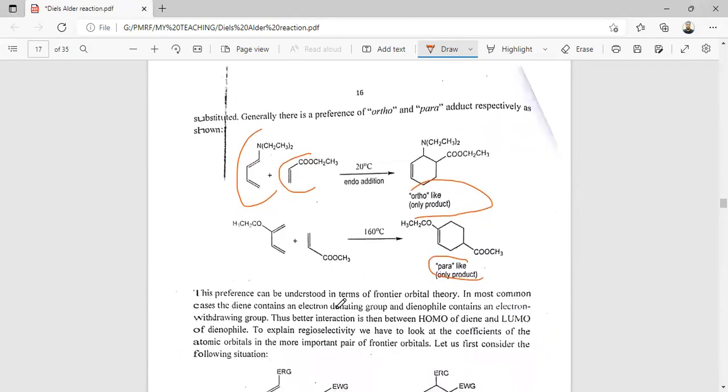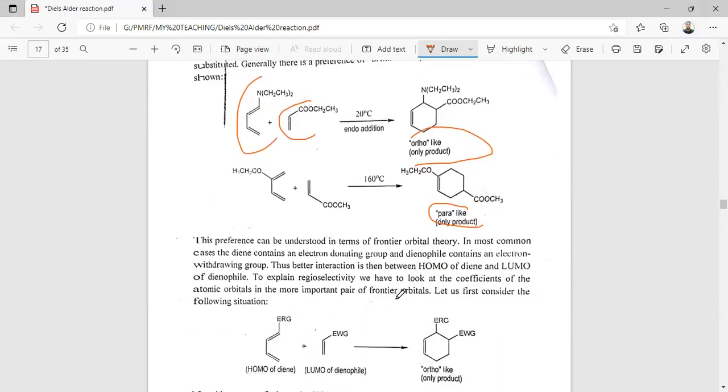This preference can be understood in terms of frontier orbital theory. In the most common cases, the diene contains an electron donating group and the dienophile contains an electron withdrawing group.